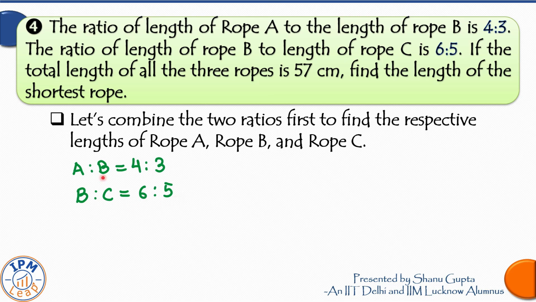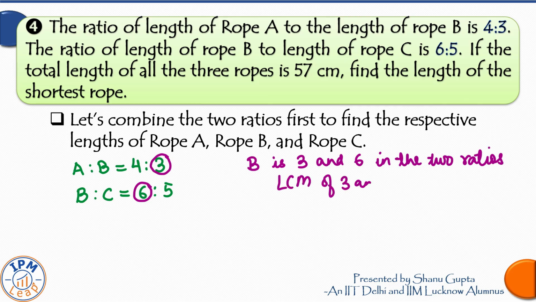B is the common quantity in these two ratios, so we should make it equal in both ratios. B is 3 in this ratio and 6 in this ratio. LCM of 3 and 6 is 6 obviously. So let us multiply the first ratio by 2. 4 into 2 is 8 and 3 into 2 is 6. Now B is equal in both ratios. So the combined ratio A is to B is to C will be 8:6:5.